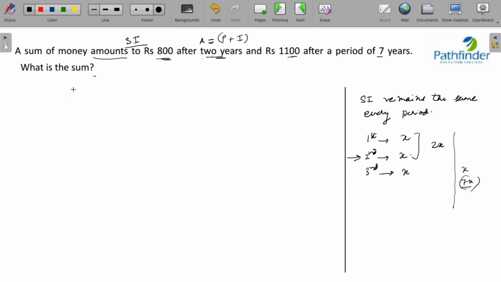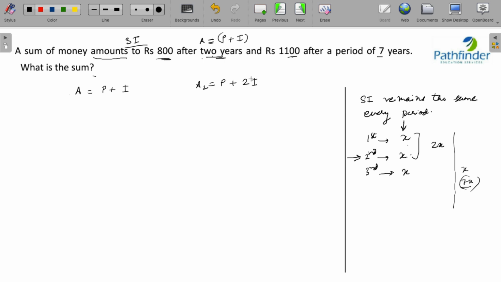So remember, since amount is equal to principal plus interest, amount after 2 years must be principal plus 2 times interest. Why 2 times interest? Because the interest is the same for both the years, as I've just shown you here.